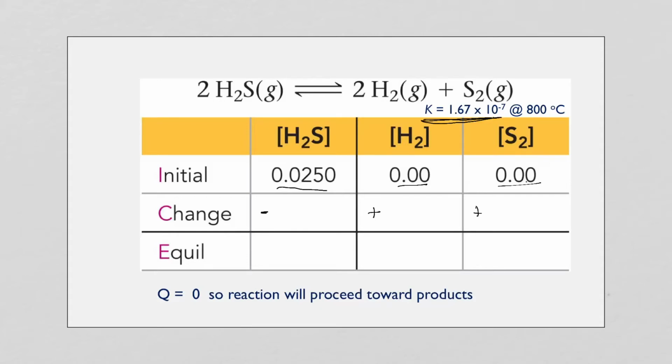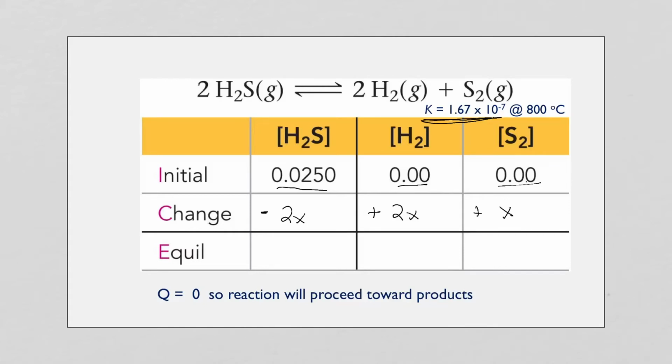So let's define our changes in terms of our variable. We have a 2 to 2 to 1 stoichiometry. There's multiple ways that you could do this, but to keep it simple, I'm going to just use our coefficients here, and I'm going to define my change in H2S as minus 2x, my increase in H2 as positive 2x, and my increase in S2 as just x.